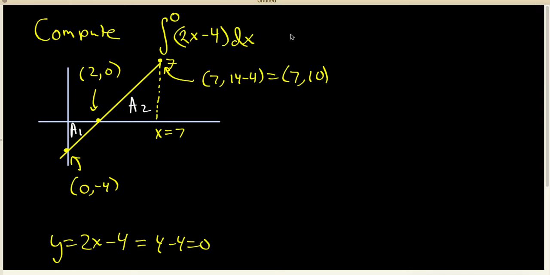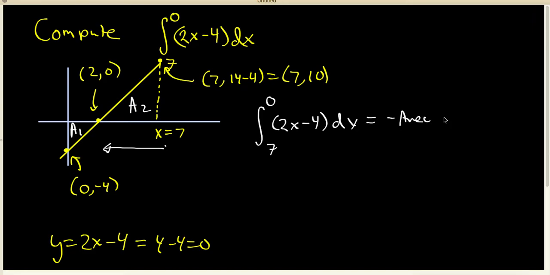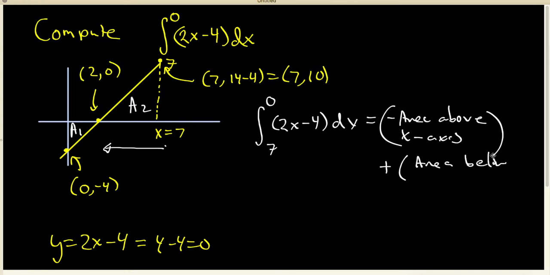Now, what I want to notice is that in the integral that we're trying to compute, we are integrating in the wrong fashion. We are going from this point here back towards x equals 0. And so this is going to tell me that this particular integral is going to be minus the area above the x-axis and add back the area below the x-axis.